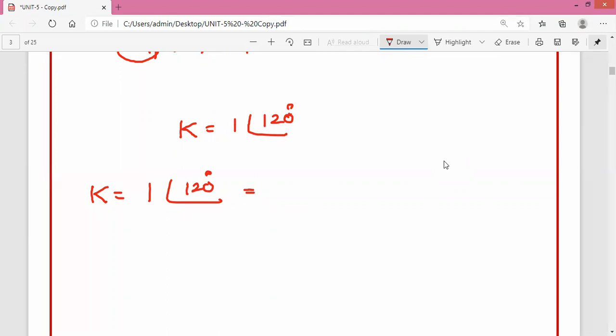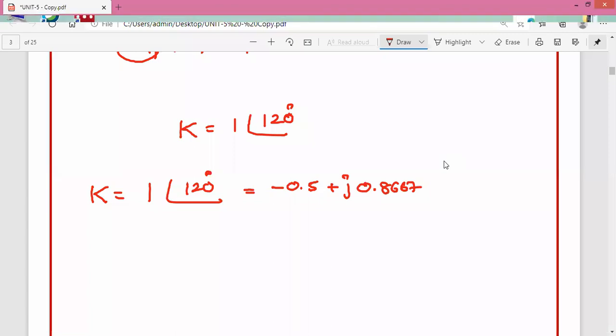So what is the expansion of this one? K is equal to cos 120 plus j sin 120, which is minus 0.5 plus j 0.8667. This is the value of K. What is the value of K square then?